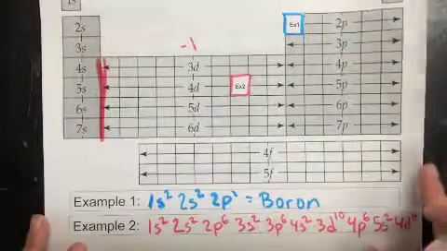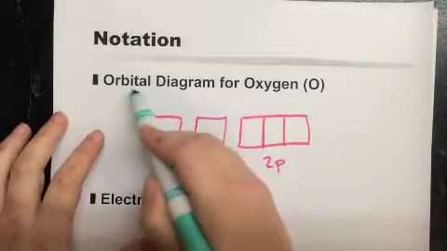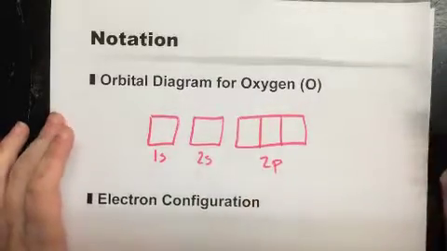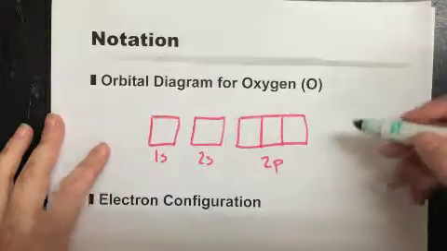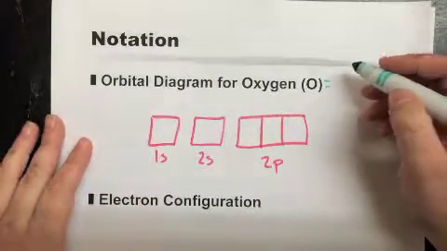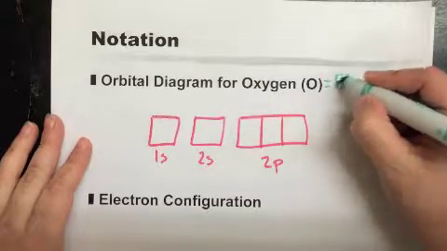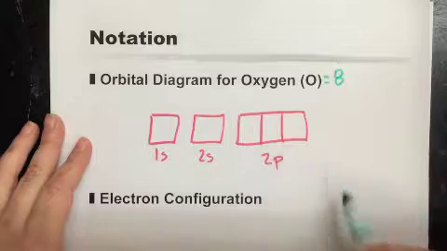Okay? Now we're going to go into the orbital diagrams and bring it back to electron configuration. So if you remember with orbital diagrams, that's where we're going to put our arrows. We determine the number of arrows that we're going to put into the diagram based on the atomic number. So if you look at oxygen on the periodic table, its atomic number is 8. So this means we're going to have 8 arrows. So remember, you always start with 1s and fill up as you go.